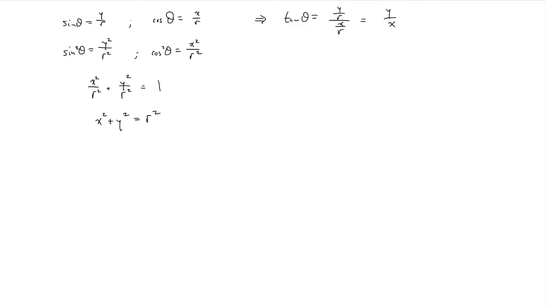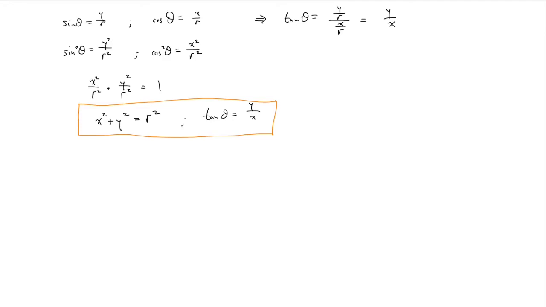Multiplying by r squared, that gives us that x squared plus y squared is equal to r squared. And these two equations taken together, that x squared plus y squared is r squared, and that the tangent of theta is y over x, will allow us to convert from Cartesian coordinates to polar coordinates by solving for r and theta.